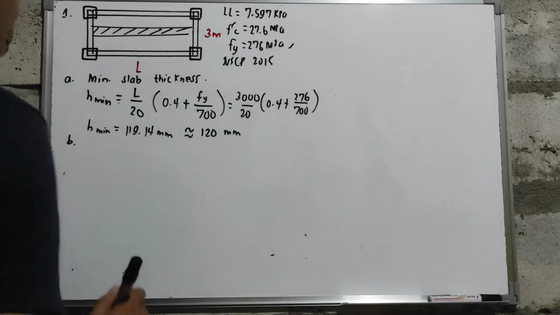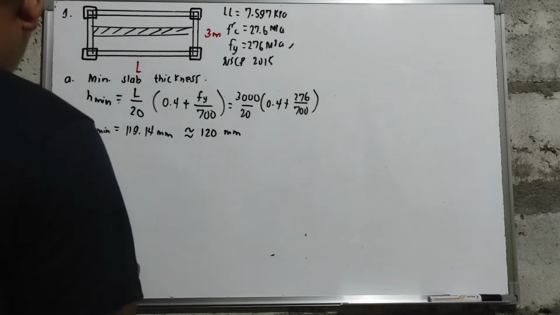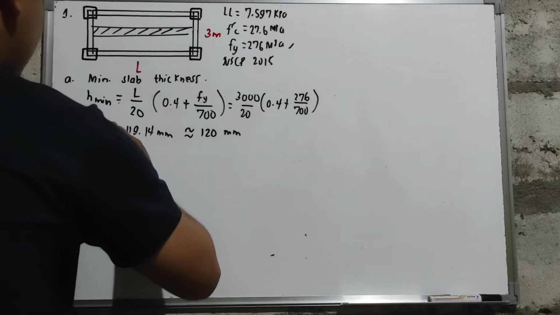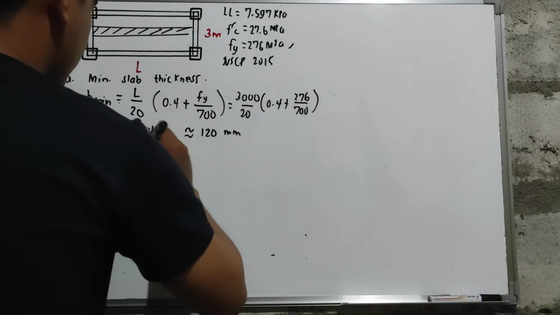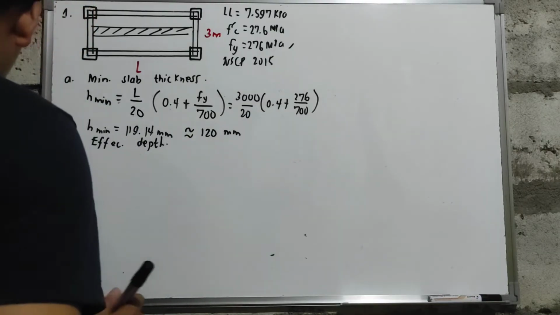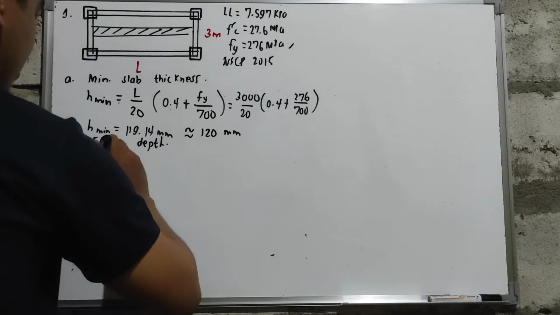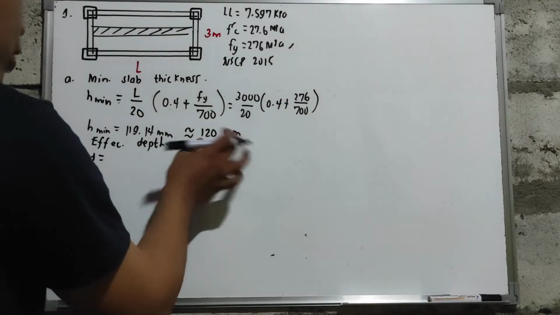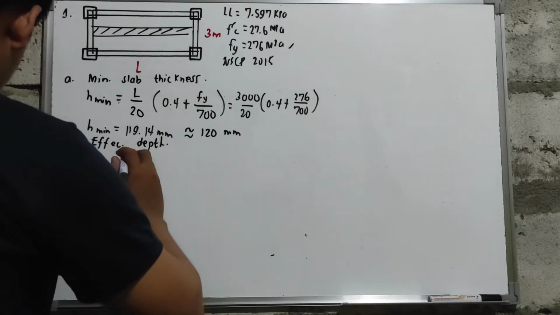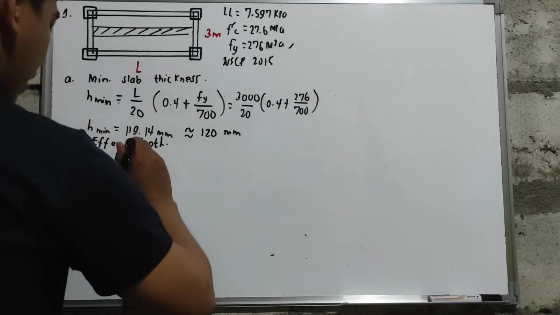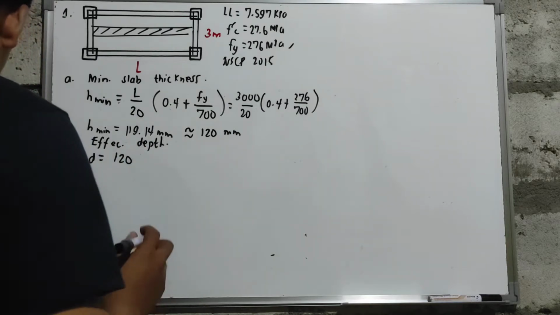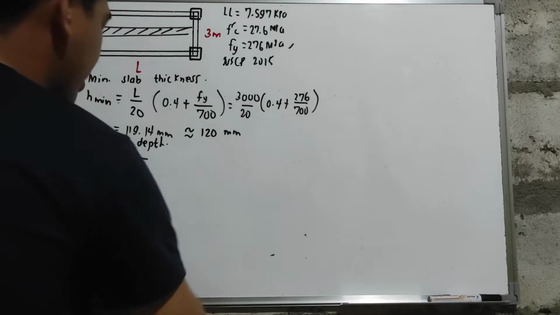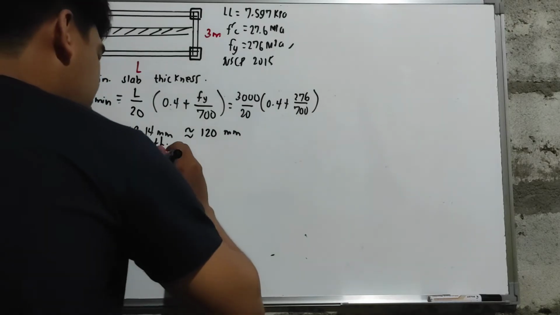So after natin makompute yung thickness, hanapin naman natin yung effective depth natin. So yung effective depth natin, that will be D. So gagawin natin yan is yung nakuha nating thickness ng slab natin, which is equal to 120, minus natin yung covering natin, na usually that is 20 mm.